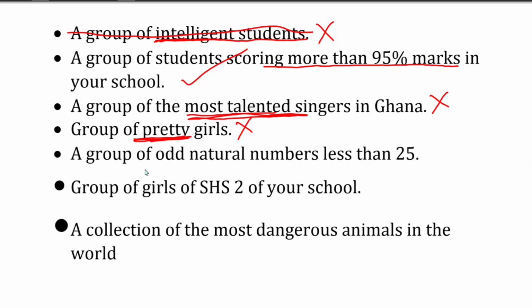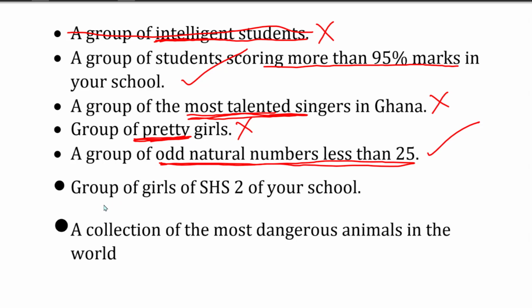Now, a group of odd natural numbers less than 5. This absolutely forms a set. Odd natural numbers less than 25 forms a set. Each element, I can find each element in this set.